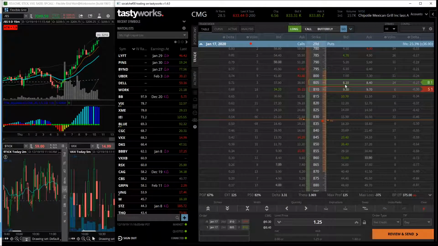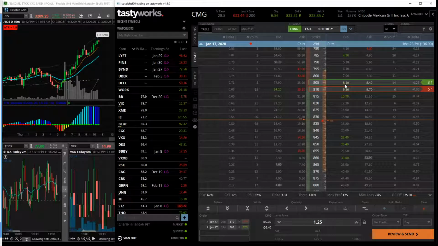So the more out of the money you go, the higher your probabilities are, the lower the credit you're going to get, and the more risk you put up. The closer to the money you are, the lower your probabilities are, the more profit you could make, but that's because of the risk you're taking. Okay. And there are a lot of people that do it and are successful.